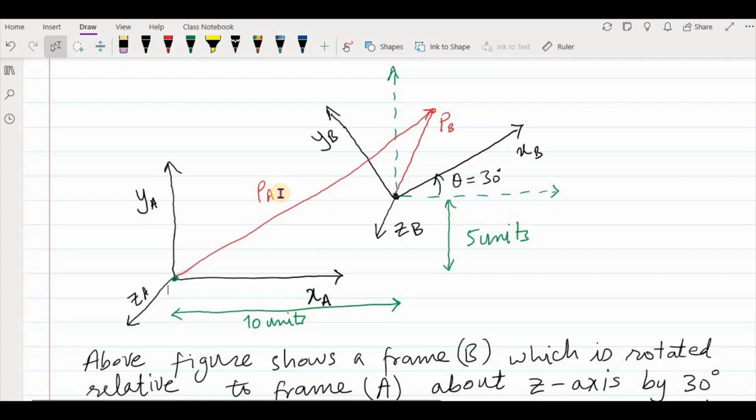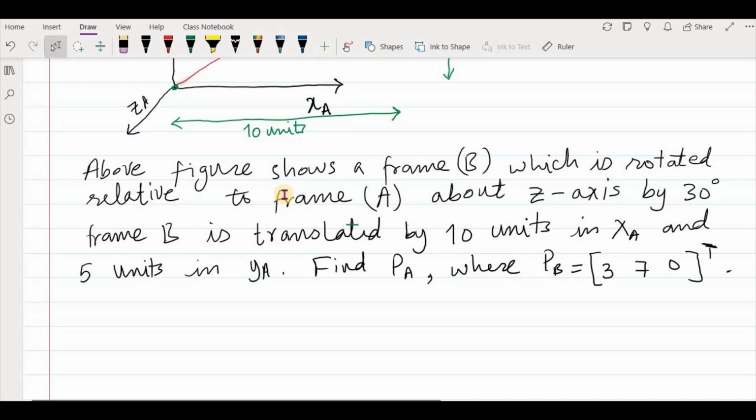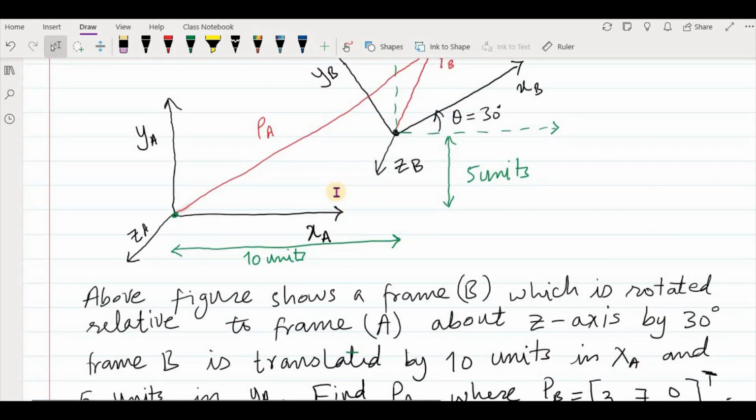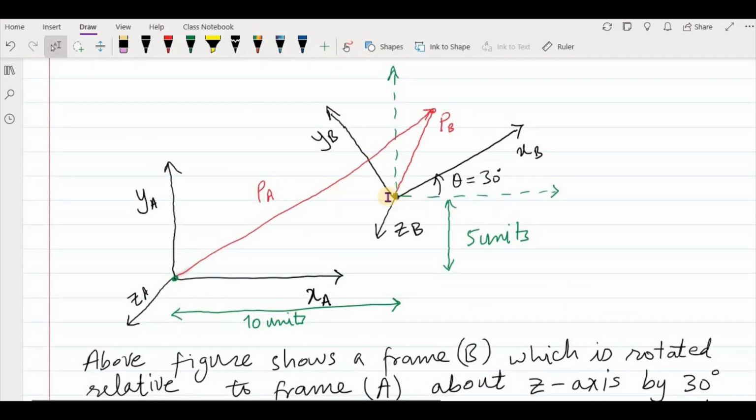In the previous lecture also we did these kinds of calculations, but they were in 2 dimensions. This is also virtually in 2 dimensions, but we will also consider the 3rd dimension, and we shall use the 3rd dimension in the matrix calculations also.